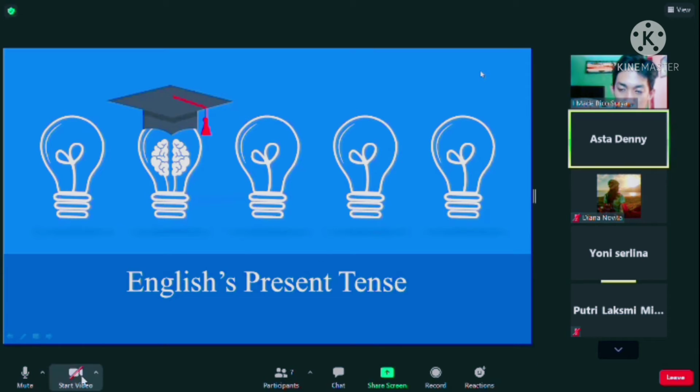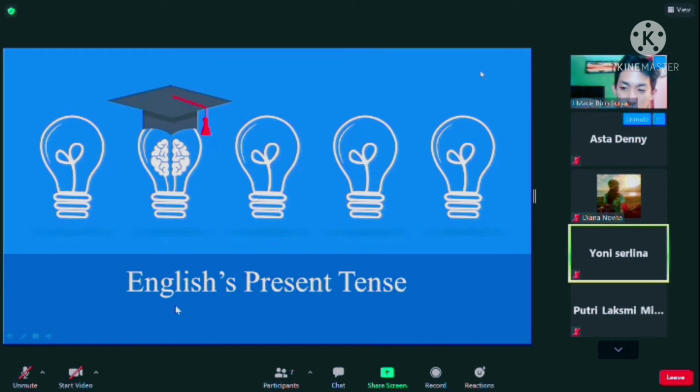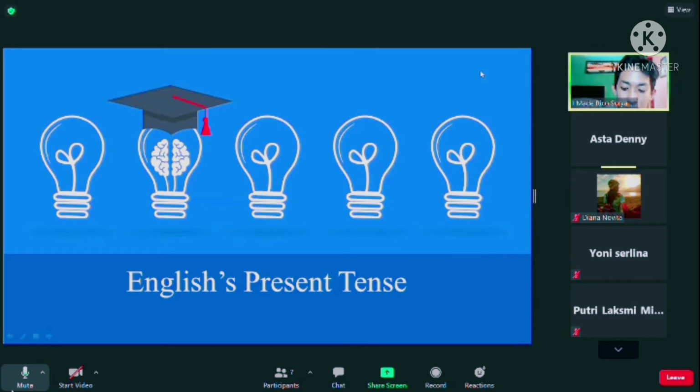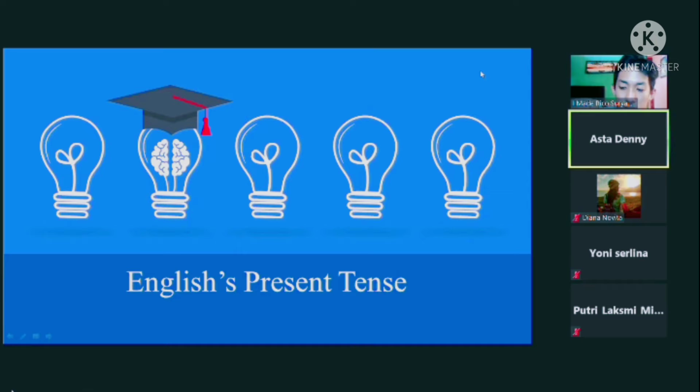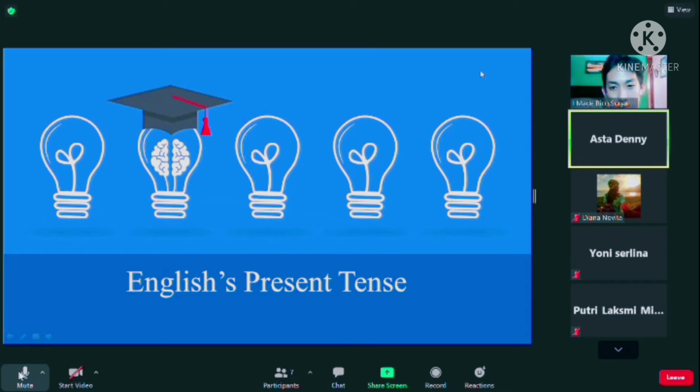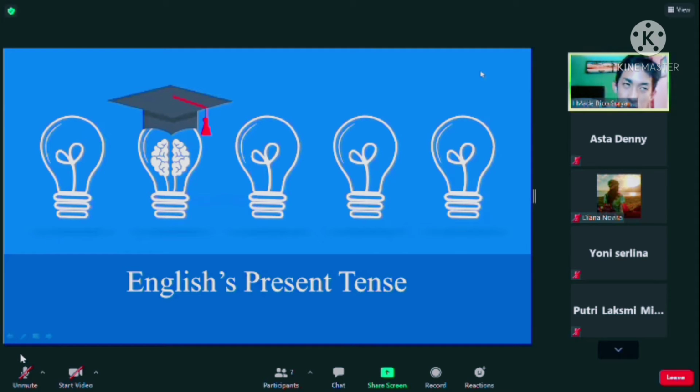Denny, you go first. I think for English present tense, there are simple present tense and then present continuous tense, and what else? I forgot. Okay, what you mentioned earlier is good.